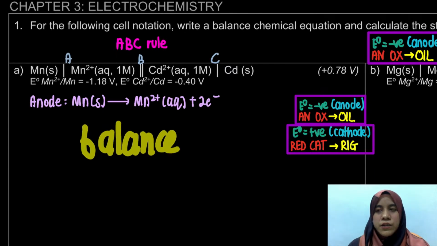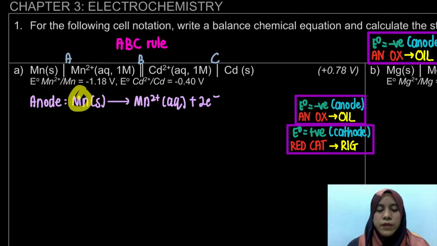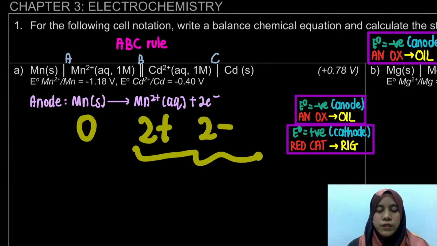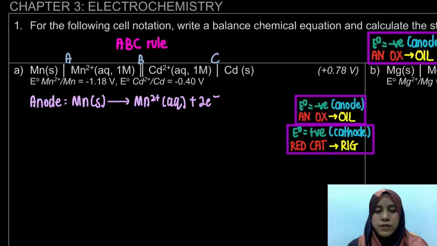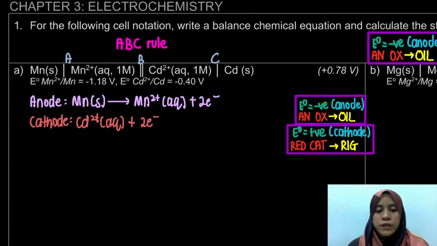Next, you have to check whether the equation is balanced or not, the atoms as well as the charge. When I calculate the charge here, I get 0 on both sides, so it is balanced. The next equation is for the cathode. The first species we have from the cell notation is Cd2+. So write down Cd2+, and again, the cathode is reduction, where it gains electrons, so plus 2 electrons to get Cd solid, cadmium solid.